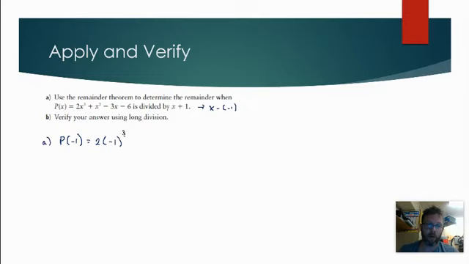Negative 1 cubed plus negative 1 squared minus 3 times negative 1 minus 6. That would give us negative 1 plus 1 plus 3 minus 6, and that is negative 3, I believe. So what we're expecting when we do this long division is to see a remainder of negative 4.